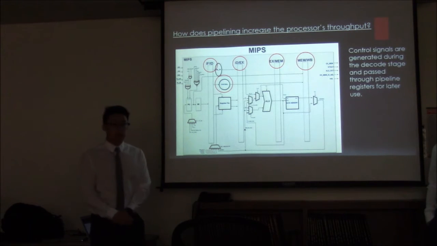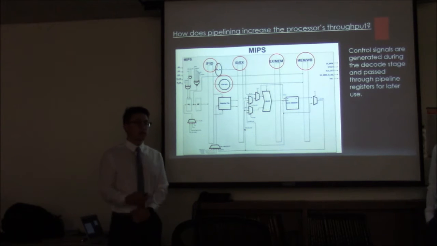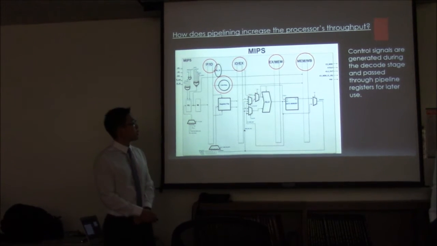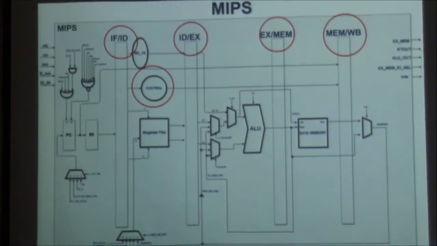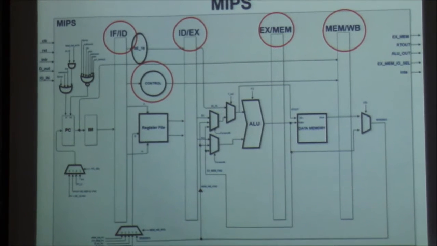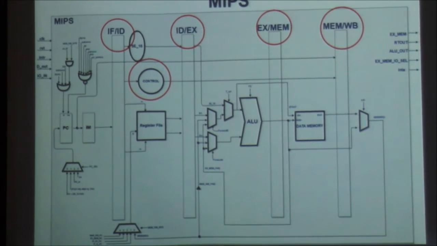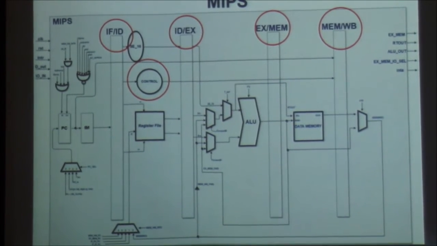Now, how does our processor increase the total throughput of the design? Well, control signals are generated in the decode stage, and they're passed through the whole pipeline to be used for the future registers.